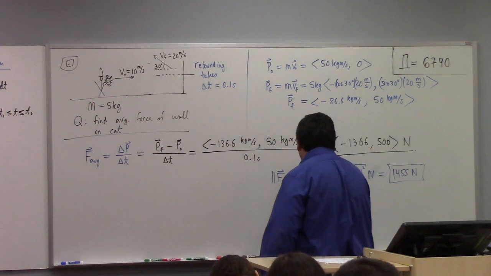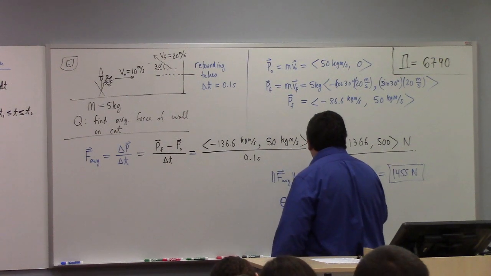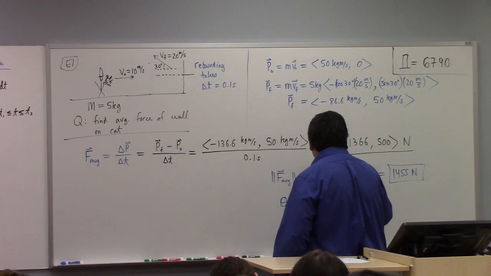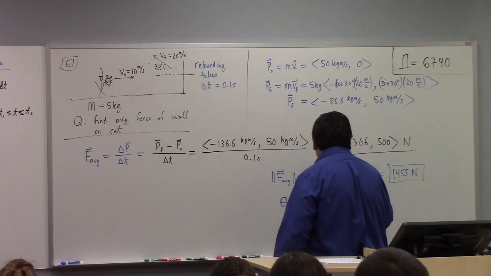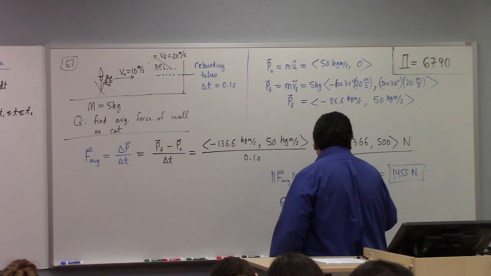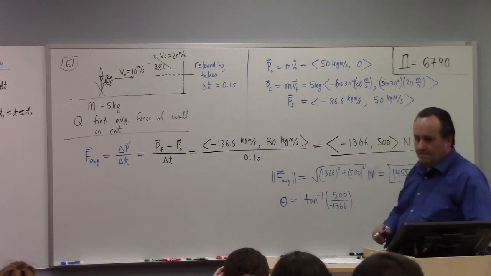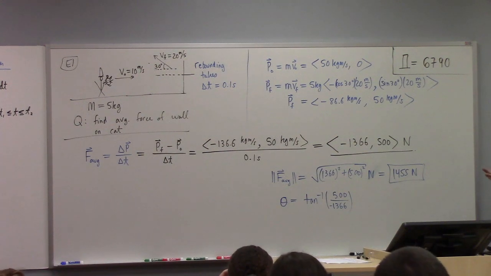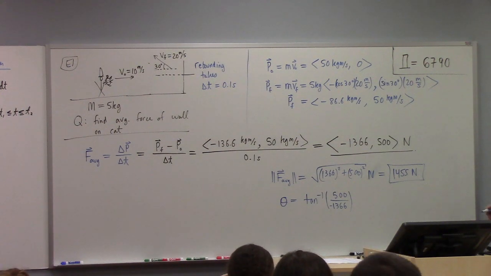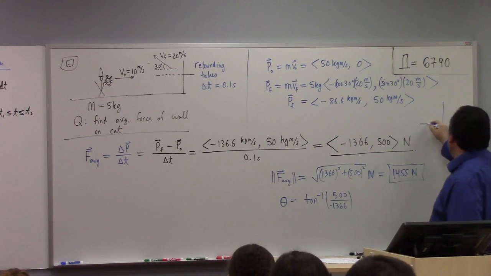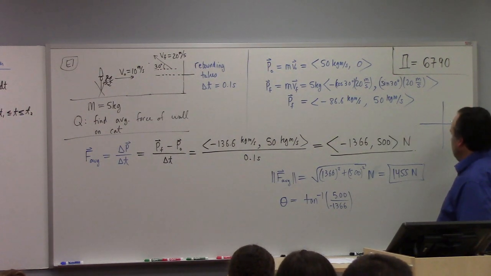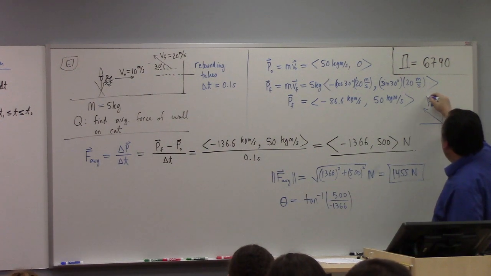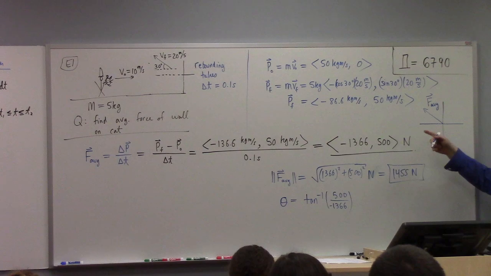Inverse tangent of, what do you say, 500 over minus 1366? Now, inverse tangent, right? So let's draw a picture. The average force is in this quadrant over here, because we've got a negative x component and a positive y component.